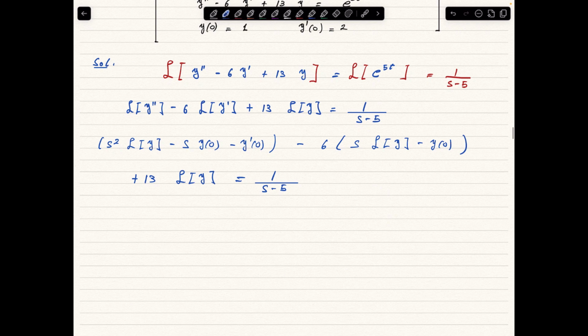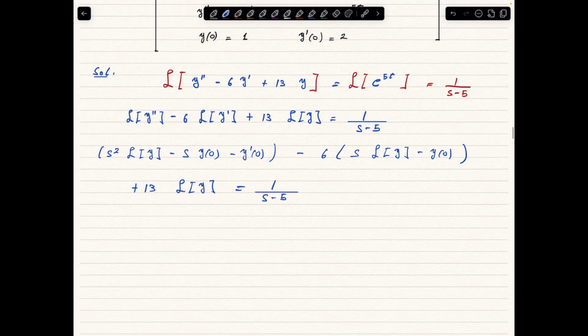So let's recall what our initial conditions are. y at 0 is actually 1. The derivative at 0 is 2. And again, this number here is 1. So let's pull the common factor like before.